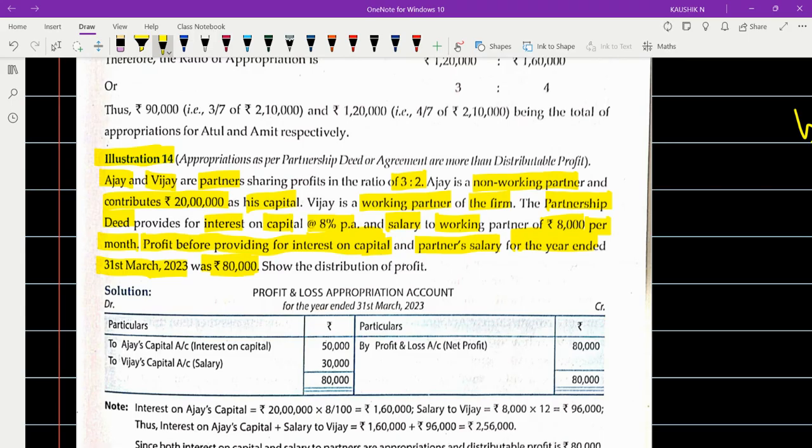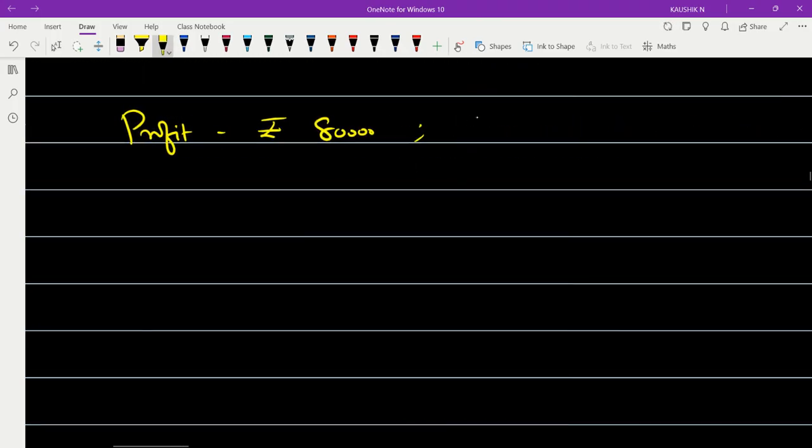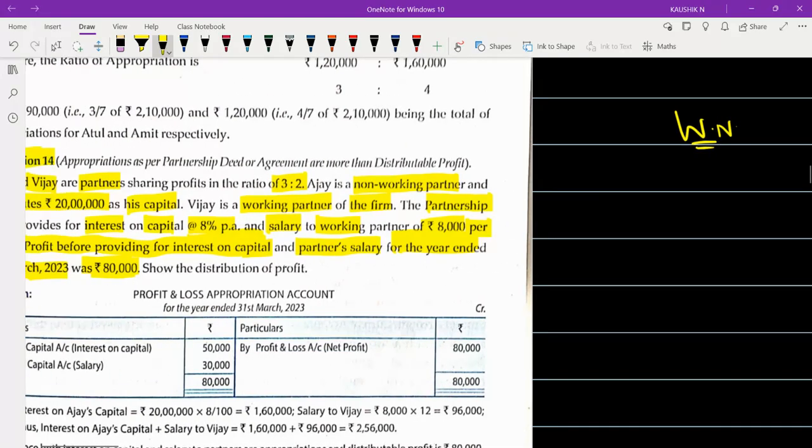And what is the profit sharing ratio? 3 is to 2. This is their profit sharing ratio, which we shortly call PSR.